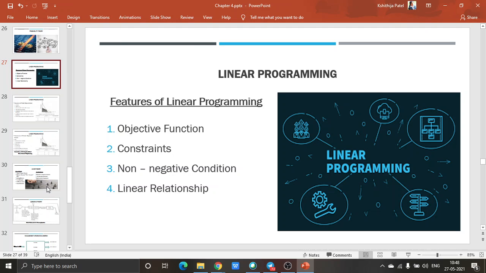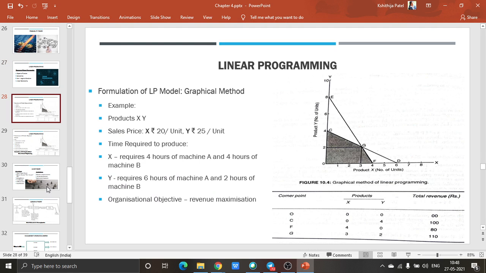So, linear programming is basically a mathematical technique for the purpose of allocation of limited resources in an optimum manner. The word linear stands for the relationships handled being those which are represented by straight lines, something like this.